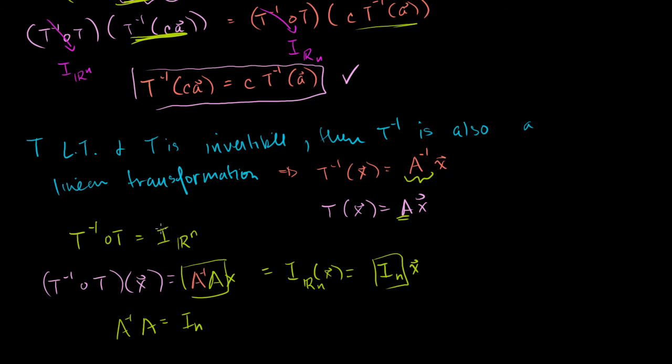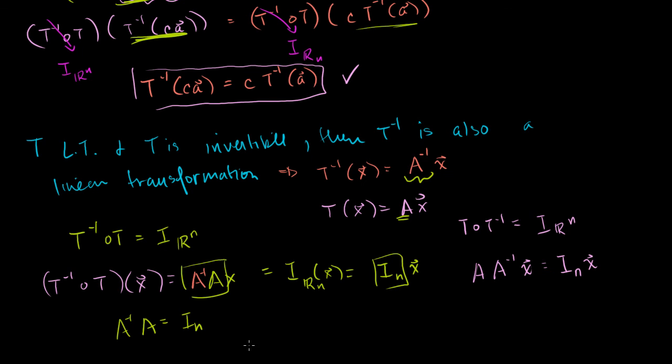The other definition of invertibility told us that the composition of T with T inverse is equal to the identity transformation in our codomain, which is also Rn. So by the exact same argument, when you go the other way, if you apply T inverse first and then apply T to some vector x, that's equivalent to multiplying x by the n by n identity matrix.